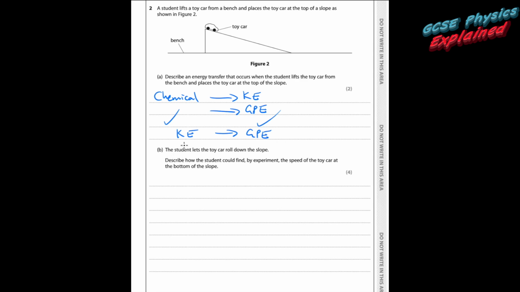Part B. The student lets the toy car roll down the slope. Describe how the student could find, by experiment, the speed of the toy car at the bottom of the slope. Well, as I say to my students, base your explanation on a calculation. So speed equals distance divided by time.